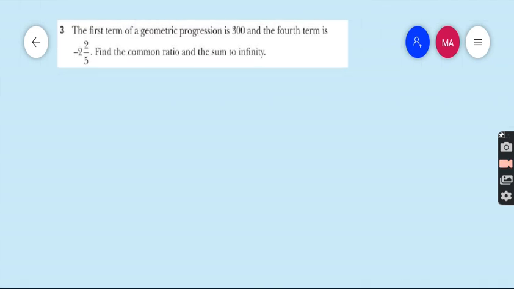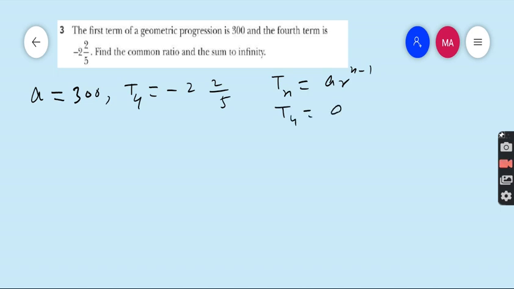The first term of a geometric progression is 300, that is a, and the fourth term is minus 2 whole 2 upon 5. So the fourth term t4 is minus 2 whole 2 upon 5. What does t4 mean? We use the formula an, or you can say tn = ar^(n-1).